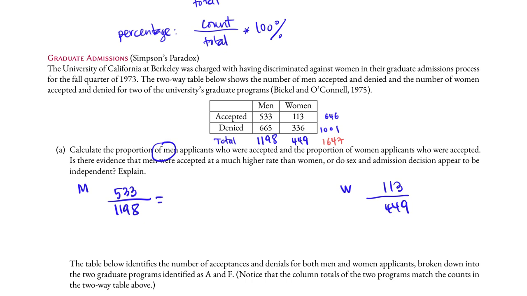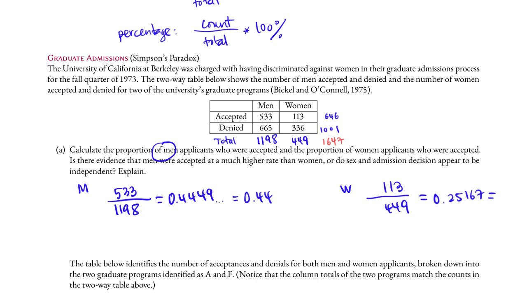We then use a calculator to find the proportions of these computations. 533 divided by 1198 will give us 0.4449 and so on. We're going to round it to 2 decimal places only, so this is 0.44. 113 divided by 449 is 0.25167.